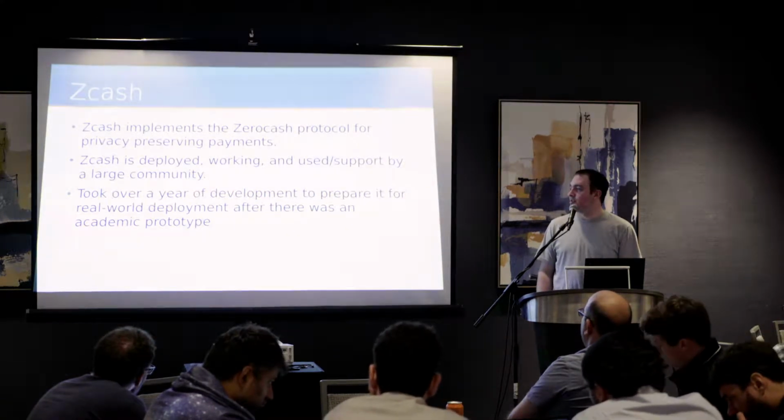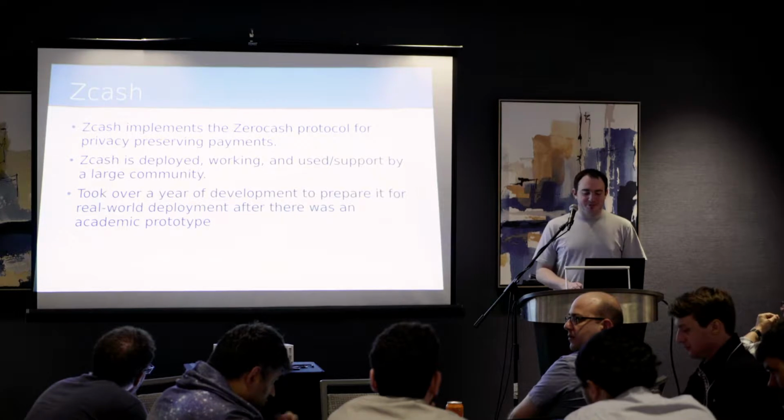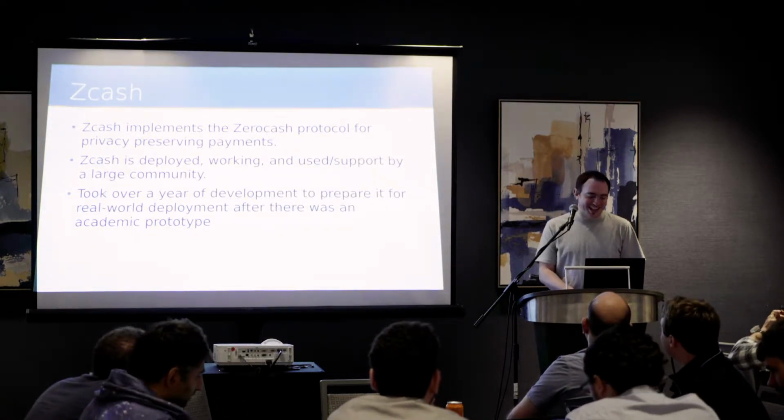It started with Zerocoin many years ago, and then when ZK became practical, Zerocash came about, and then an academic prototype showed up at some point, and then we actually spent some time to deploy it in practice and secure it and fix some bugs and stuff like that. So now we have a system running. There's $1 billion riding on a lot of papers that were authored by people in this room, so hopefully everything's okay.